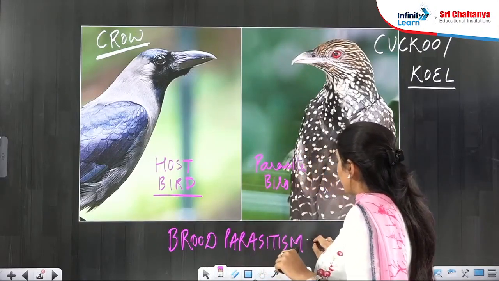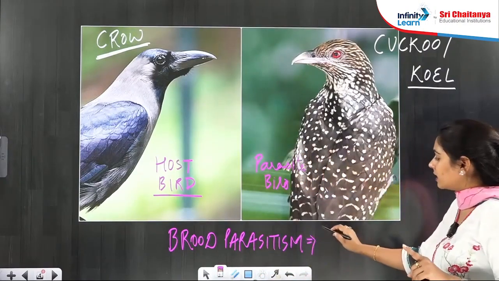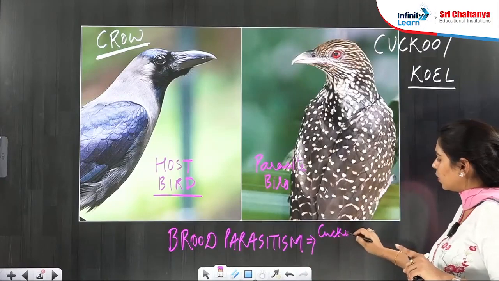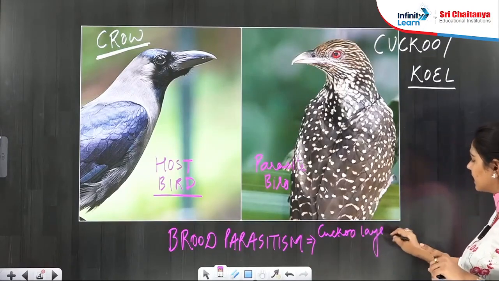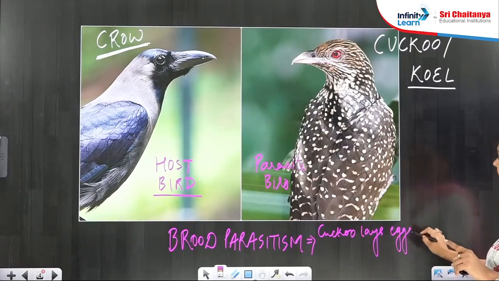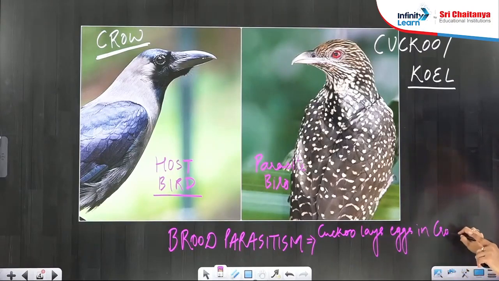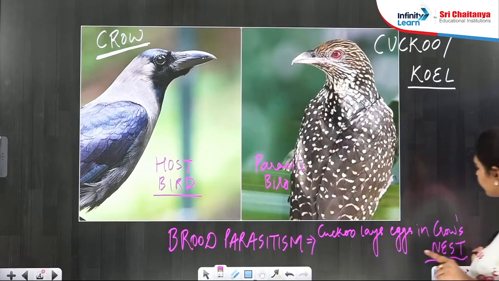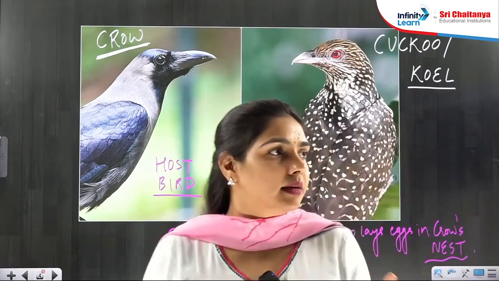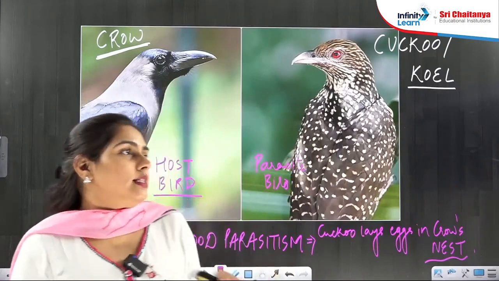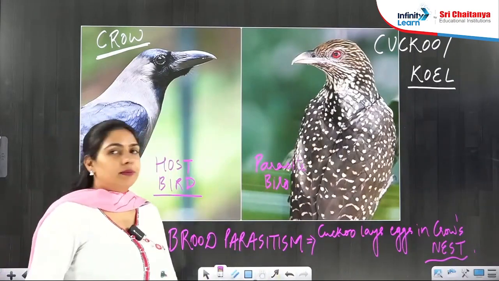Here in brood parasitism, what is happening? The cuckoo lays eggs in crow's nest. Are you understanding, everyone? So this is an example of parasitism.